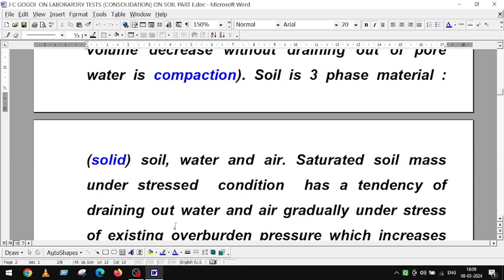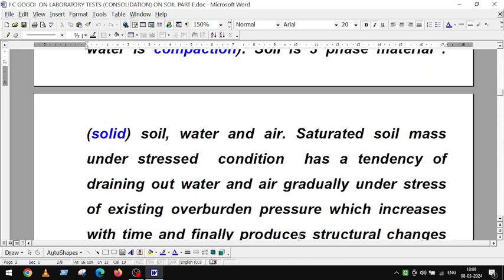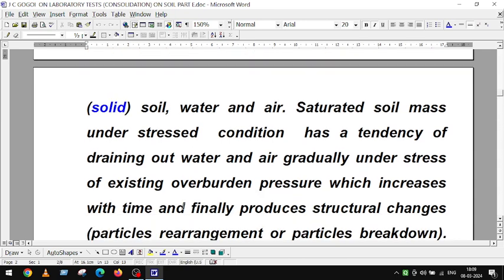Saturated soil under stressed conditions has a tendency of draining water and air gradually under the stress of existing overburden pressure, which increases with time and finally produces structural changes. These structural changes are particle rearrangement or particle breakdown. In some advanced countries, it is called mineral breakdown.